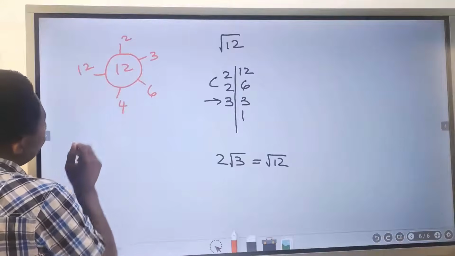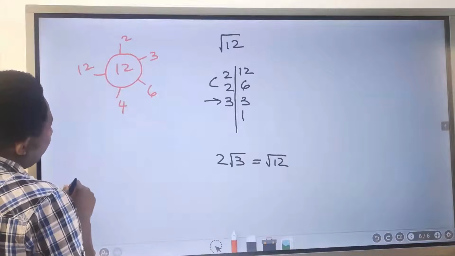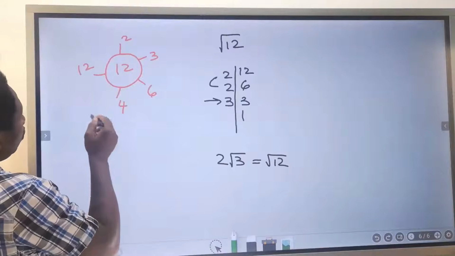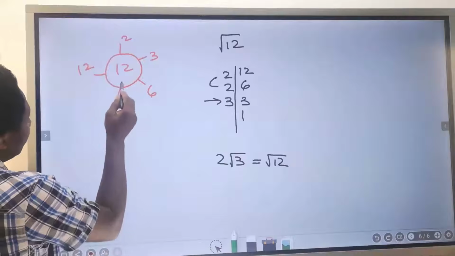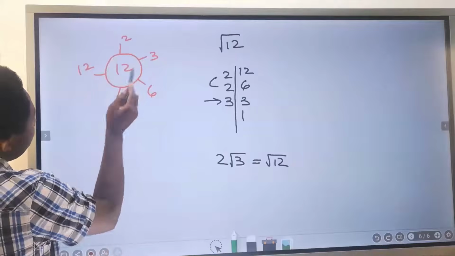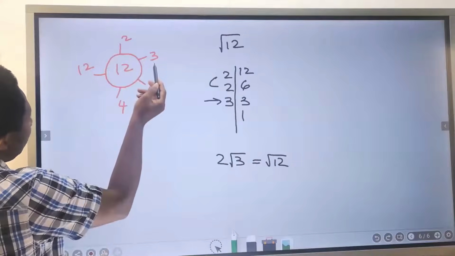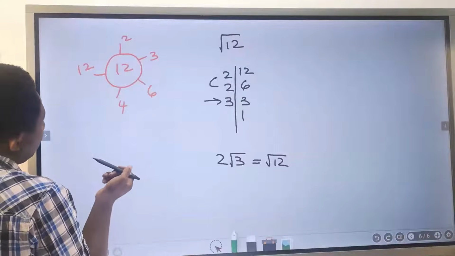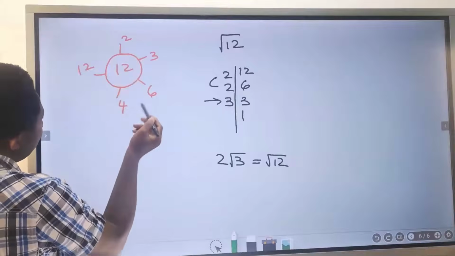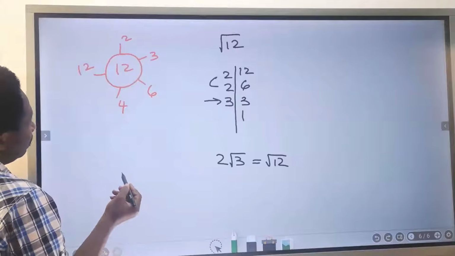And 12 can go into 12 without a remainder. But which of these combinations, when we multiply them, will give us 12? 2 times 3 can give us 12. 3 times 4 can give us 12. And 2 times 6 can also give us 12.